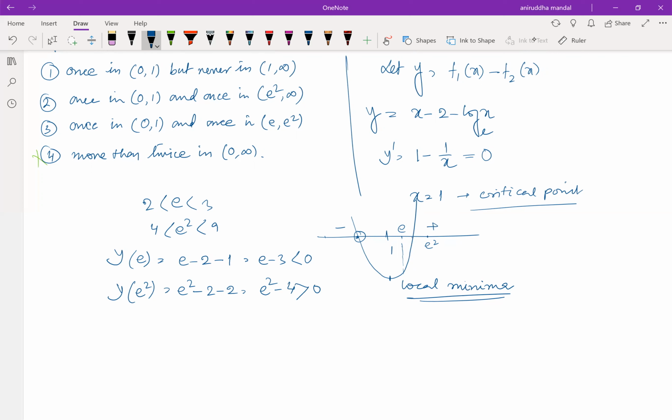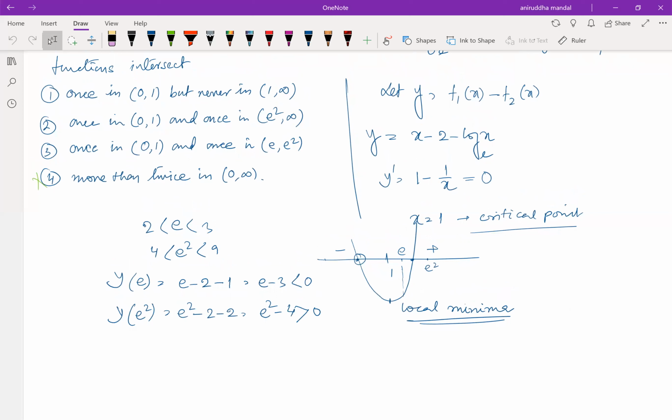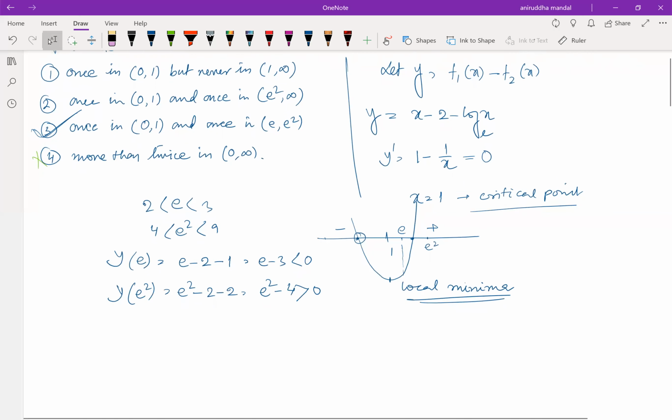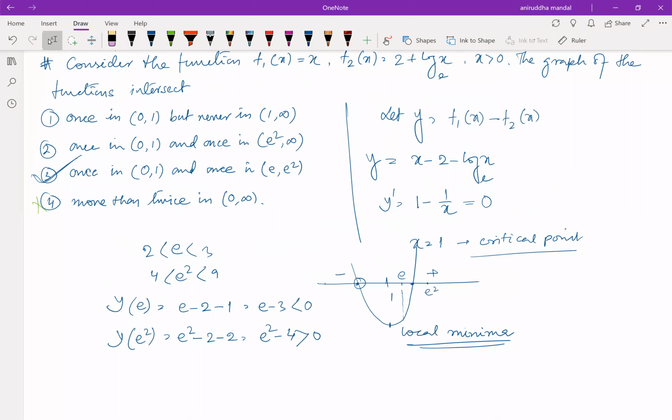So it must cut the x-axis between e and e square. So there must be another point at which this graph cuts. So option 3 is correct. Now we have done this using calculus.